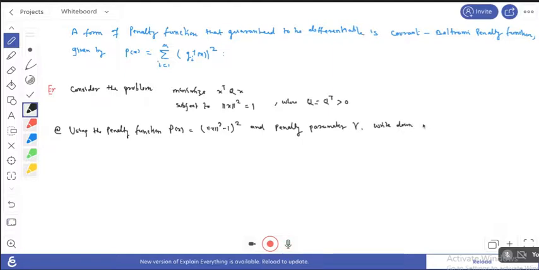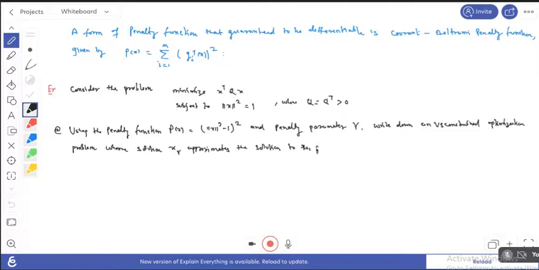Okay, so you have to write down a constrained optimization problem whose solution, that is x of gamma, approximates the solution to this problem.